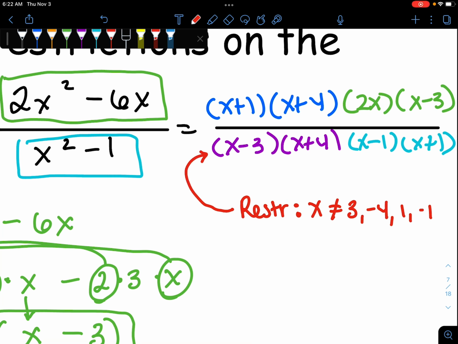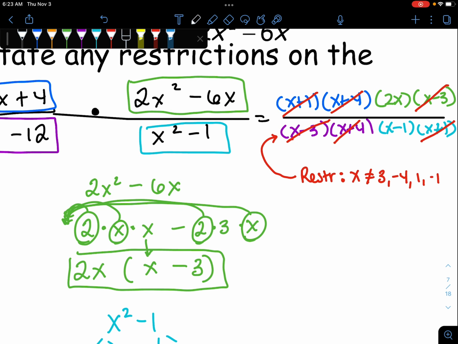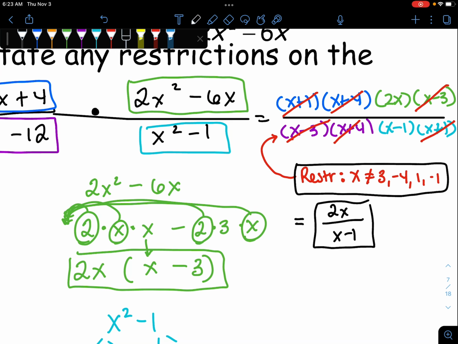Okay. Now let's cancel out everything that's the same. X minus 3 and x plus 1 and x plus 4. Okay. Now we end up with 2x over x minus 1. Everything here would be your answer. This is my simplest form.